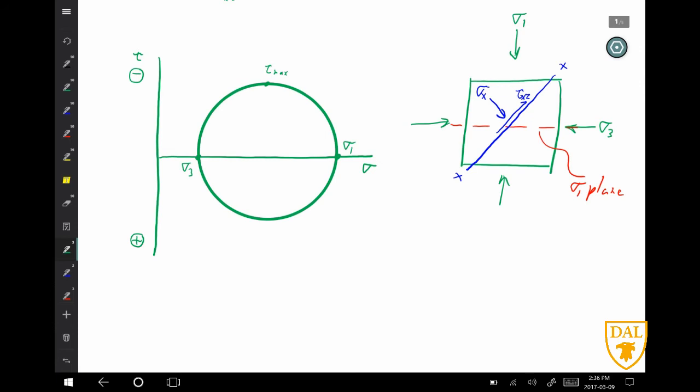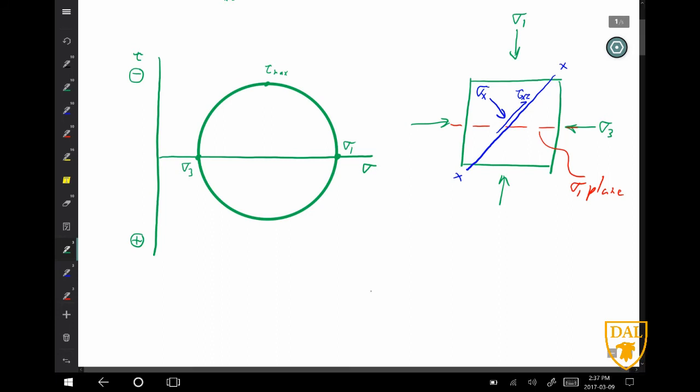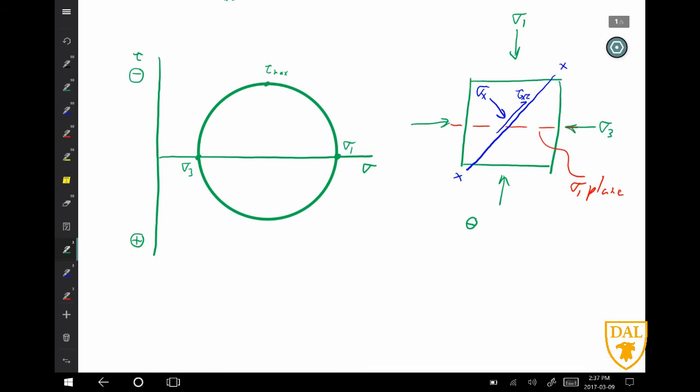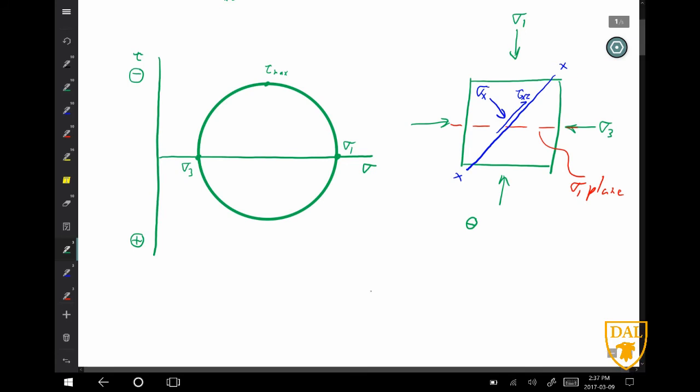So that means that theta, the angle used in the stress block, corresponds to 2 theta on the Mohr circle.